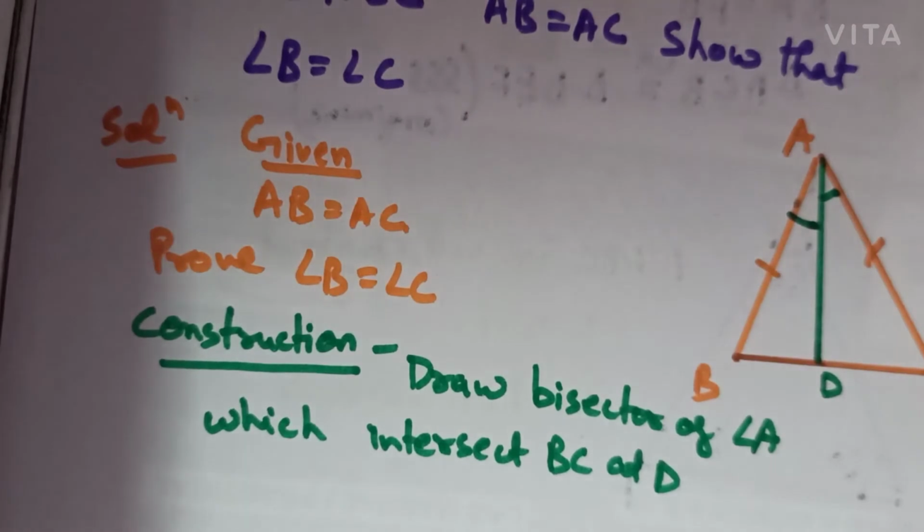Angle bisector means that the angle bisector AD will divide angle A into two equal angles, that is angle BAD and angle CAD. I hope it is clear.